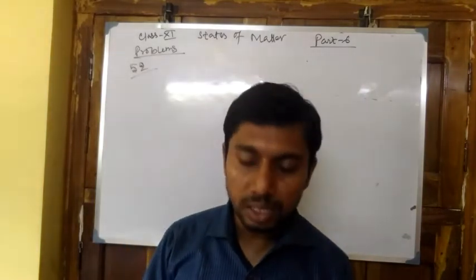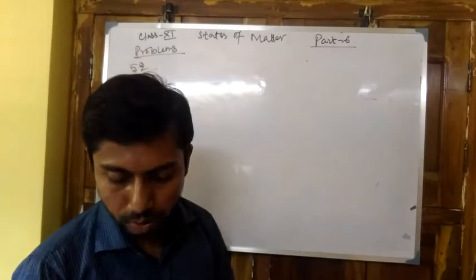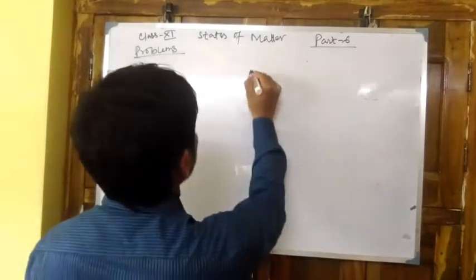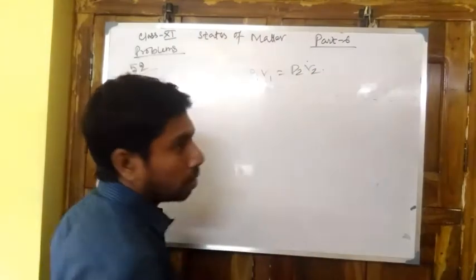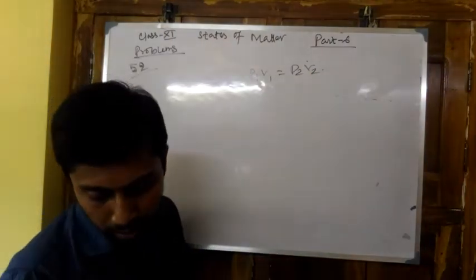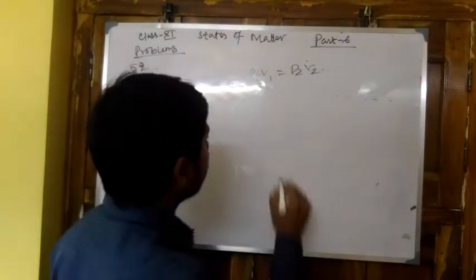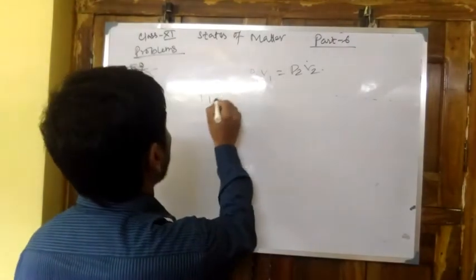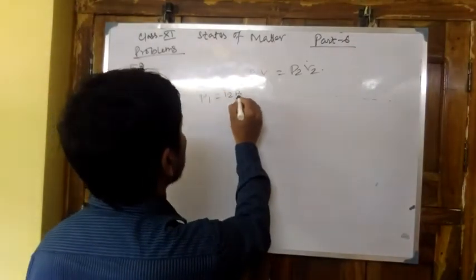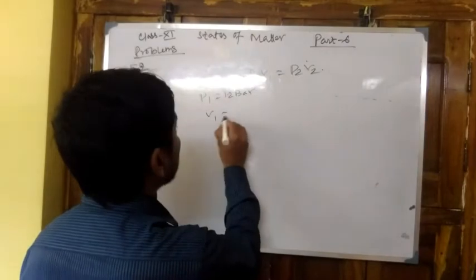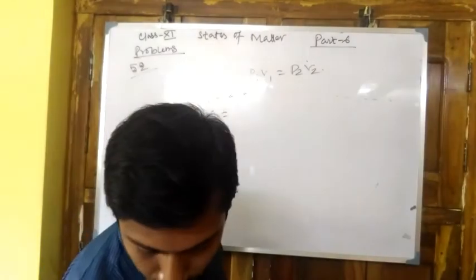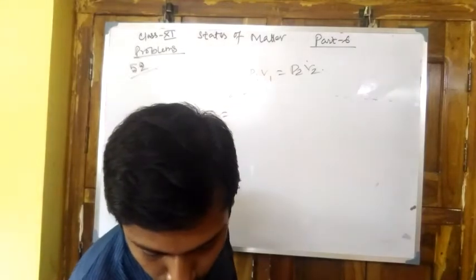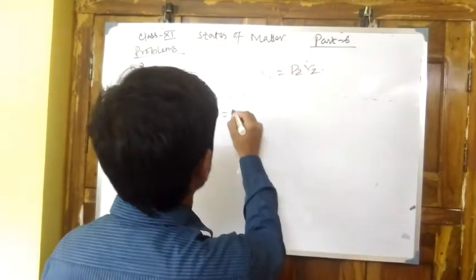This is very easy, just follow the Boyle's law equation, that is P1 V1 equals P2 V2. The initial pressure P1 is 1.2 bar, V1 is 120 ml.